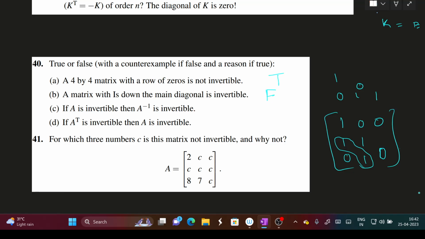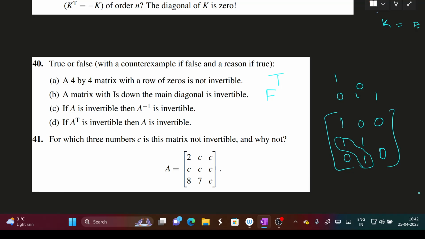If A is invertible, then A inverse is invertible. Yes. If A is invertible, then A has a full set of pivots, and the relation between the pivots of A and A inverse is that they are reciprocals of each other.